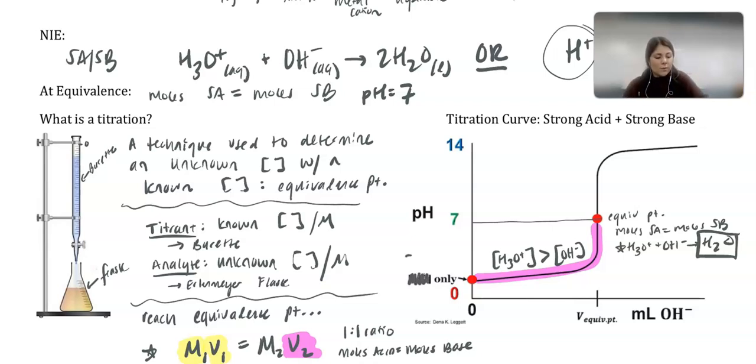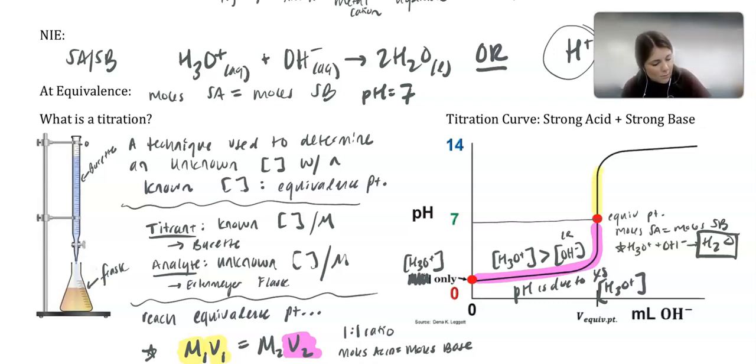So here, the pH is due to excess hydronium. So after it reacts with the hydroxide being added, what remains will be hydronium. So the hydronium will be in excess, hydroxide will be a limiting reactant.